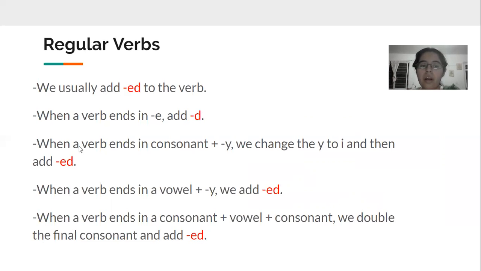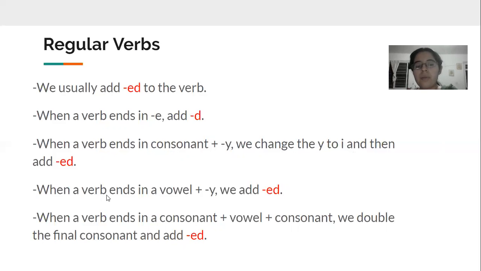And when a verb ends in consonant like M, N, L, those are consonants. So when a verb ends in consonant plus Y, we change the Y to I and then add ed.